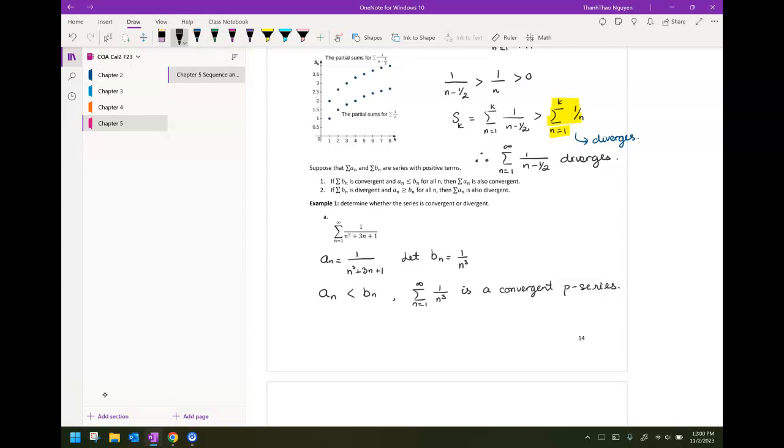This meant that the sum from n equal 1 to infinity of 1 over n cubed plus 3n plus 1 is also convergent. And this is by the comparison test.